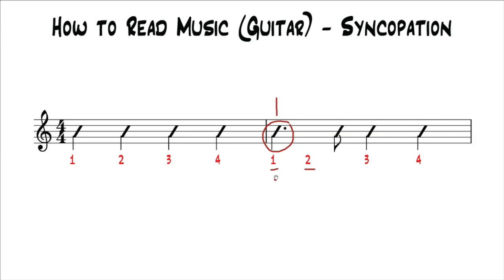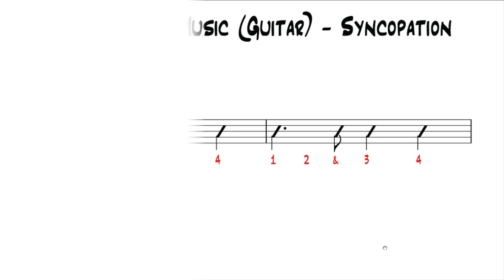So this dotted quarter note carries through the 1 and the 2, and then if you put an 8th note or a note right after that on the and, you've created syncopation here. Because this note is happening in an unexpected place. It's not falling on this beat. So you're playing this note on an off beat, which is right on that and. So again, you just have to listen to this to hear what that sounds like to really grasp it.